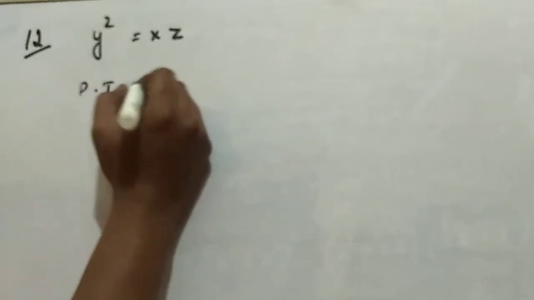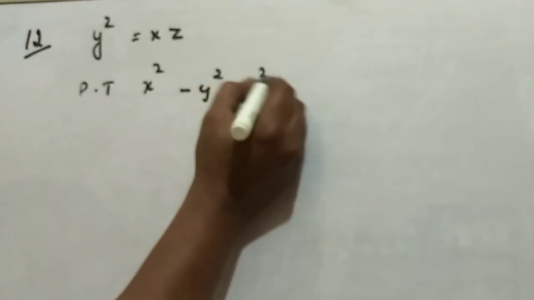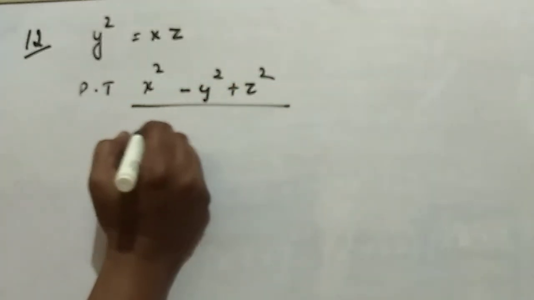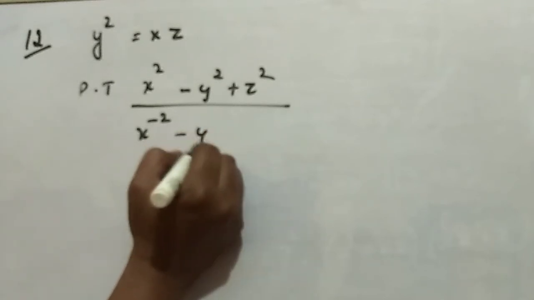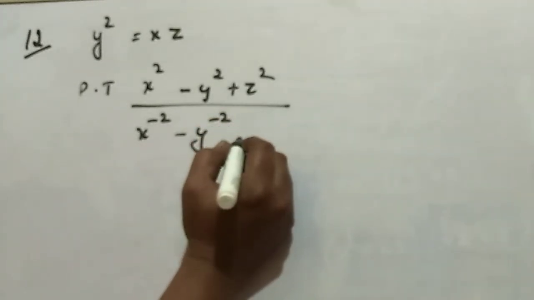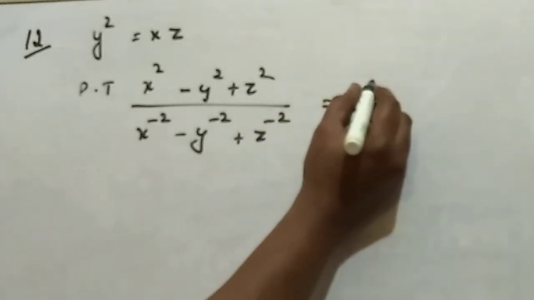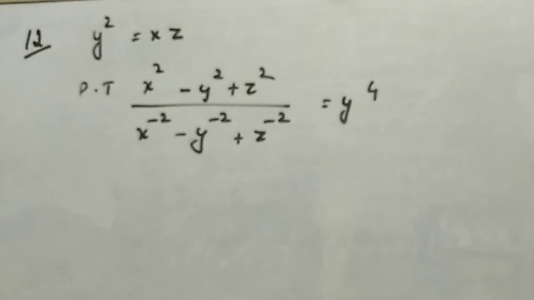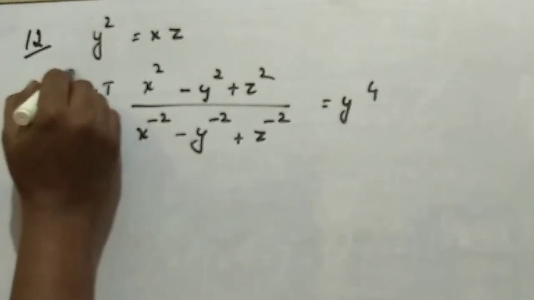Prove that (x² − y² + z²) / (x⁻² − y⁻² + z⁻²) = y⁴. Important question. Clear? Now, we have to prove this.